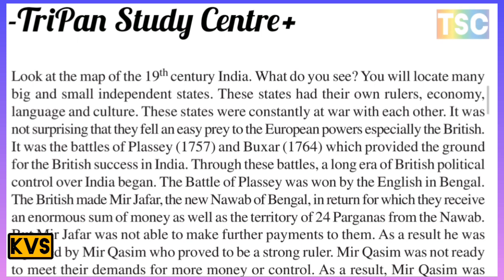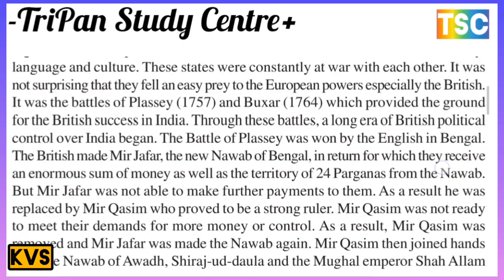As a result, he was replaced by Mir Qasim, who proved to be a strong ruler. Mir Qasim was not ready to meet their demands for more money or control. As a result, Mir Qasim was removed and Mir Jafar was made the Nawab again.